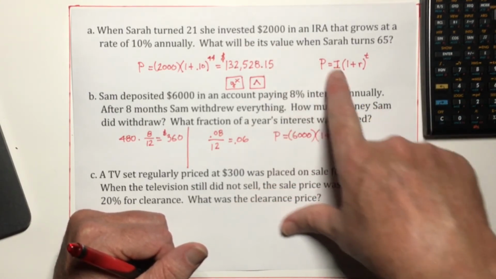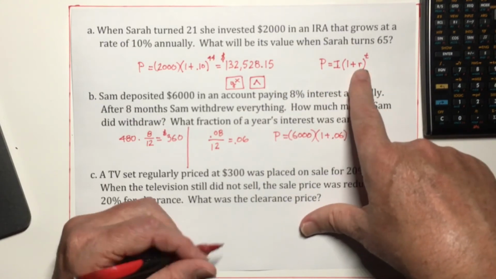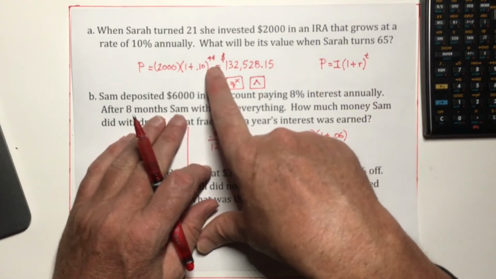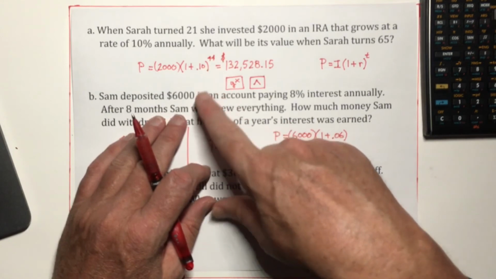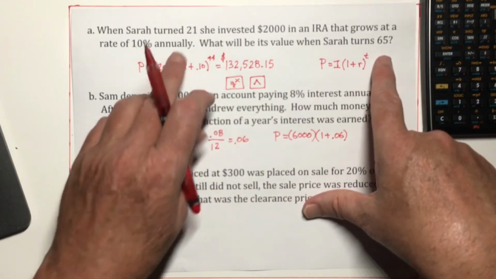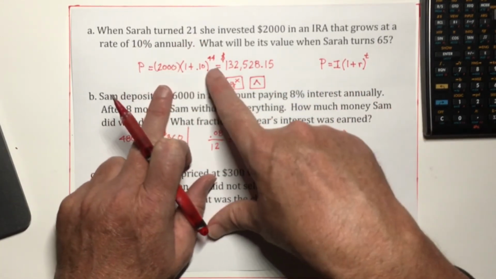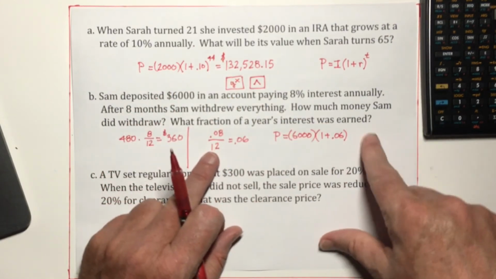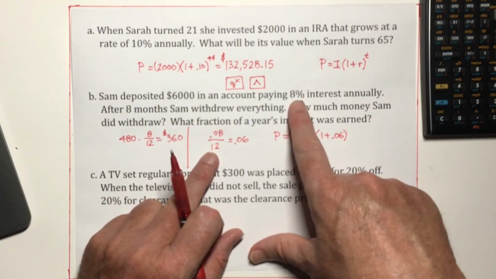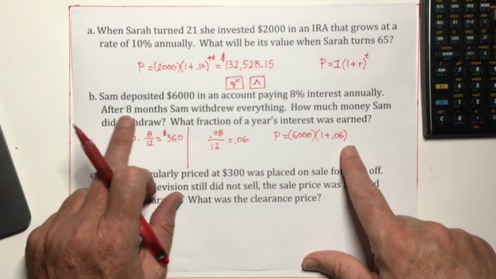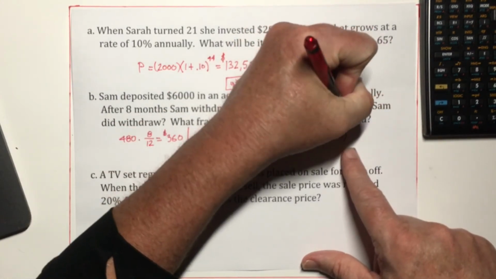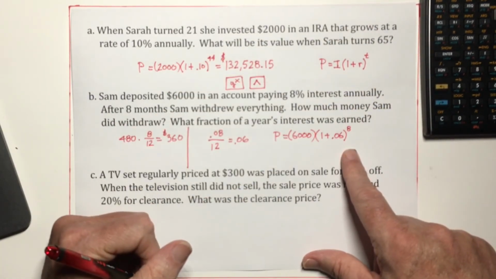It really wasn't the time here either; it just happened to match. T is really the number of times that the interest will be compounded. So in this case, from 21 to 65, it will be compounded 44 times. In this case, if it's compounded monthly at that interest rate, and you're only putting in for 8 months, it's only going to be compounded 8 times.